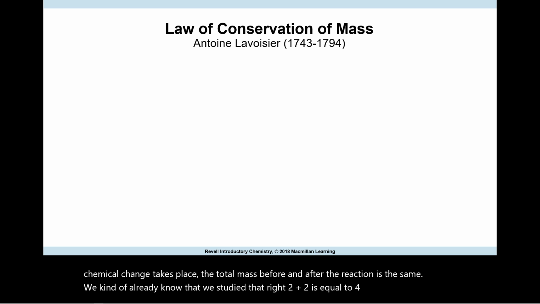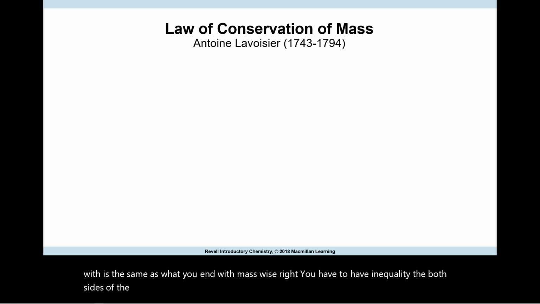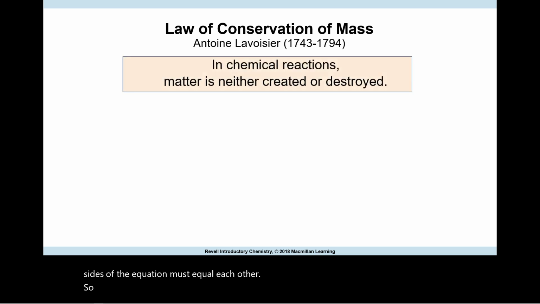So what you start with is the same as what you end with, mass-wise. You have to have an equality. Both sides of the equation must equal each other. So the law of conservation of mass states that in chemical reactions, matter is not created nor destroyed. That's the law of conservation of mass developed in the 1700s.